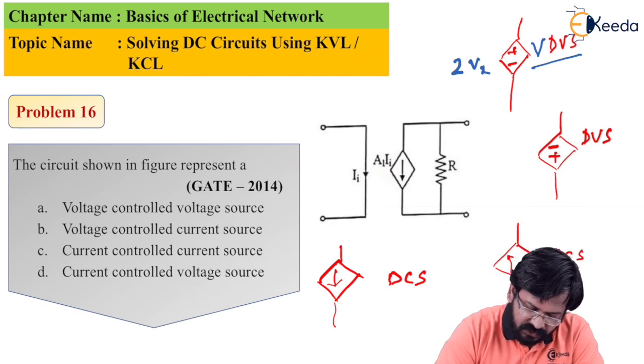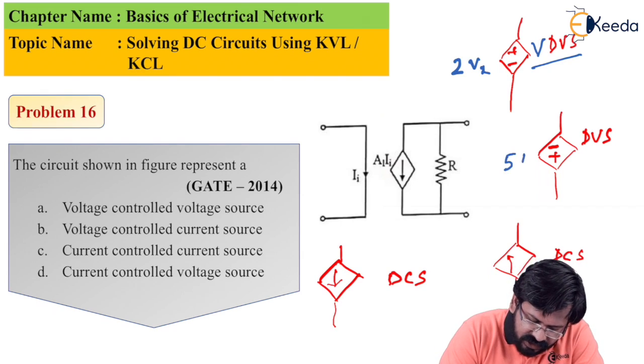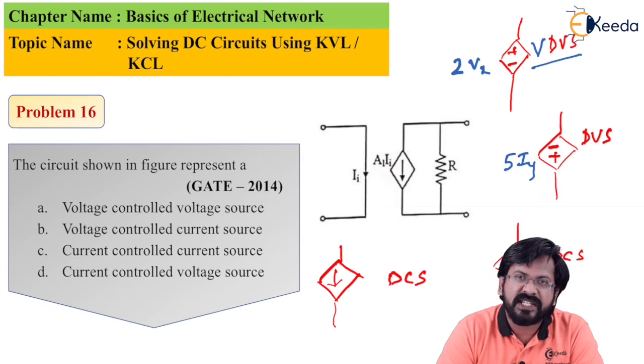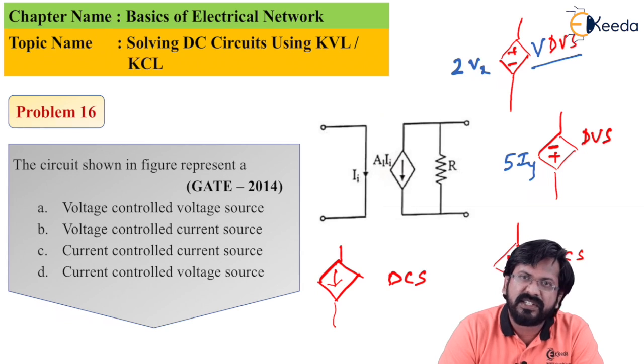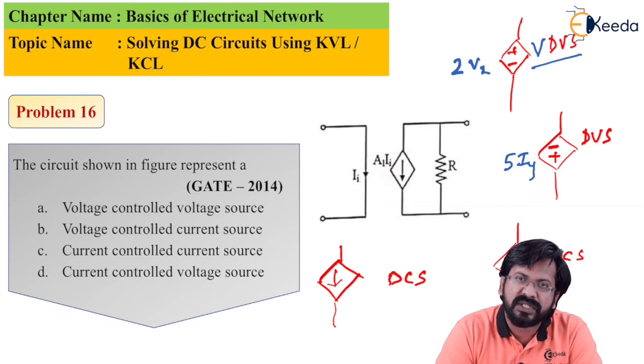Let us see the second source. In the second source, assume the magnitude as, let's say, 5 times Iy. It means the magnitude of this voltage source is also not fixed. It depends upon the value of Iy, where Iy will be the current within the same circuit. If this Iy changes, this magnitude will also change. Let's say if this Iy is 5 ampere, then the magnitude of this voltage source will be 25 volt, and so on.